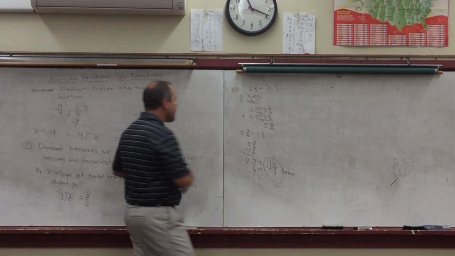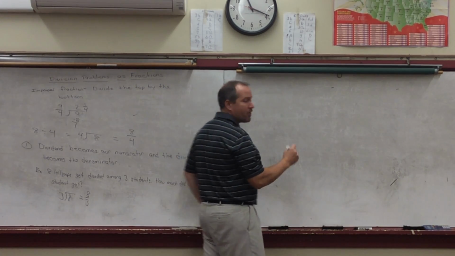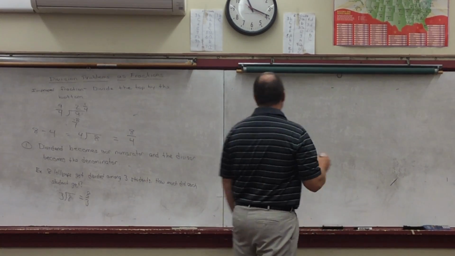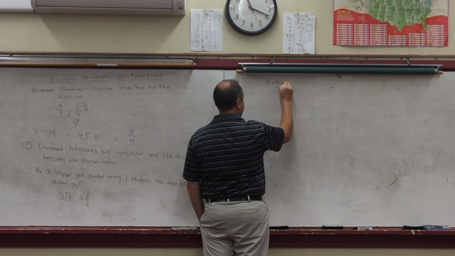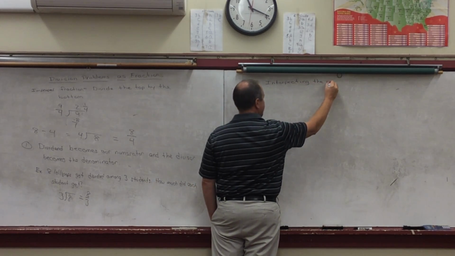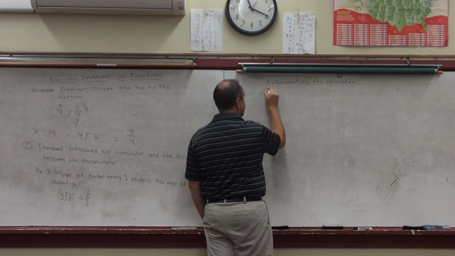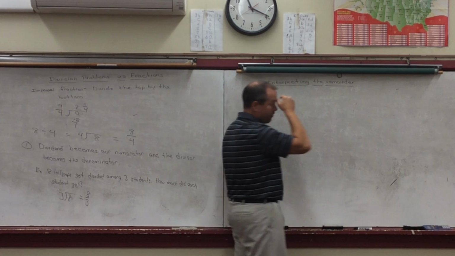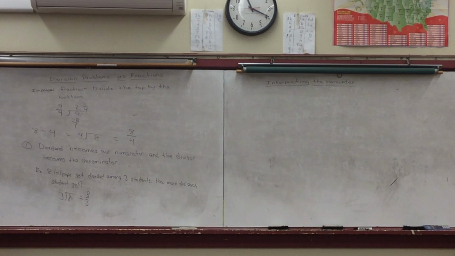Now, the second part of what we're going to be dealing with, and you can put this on the next page, interpreting the remainder. There are basically 3 things that we're going to do with the remainder.